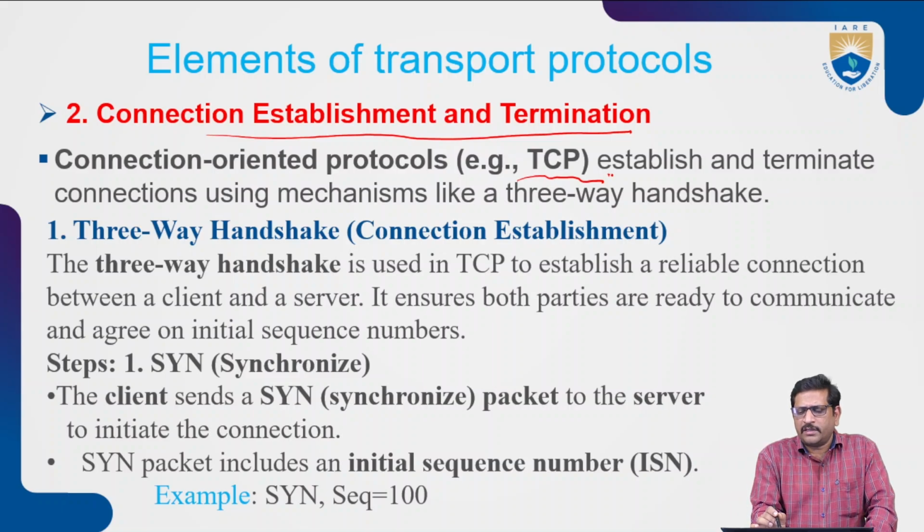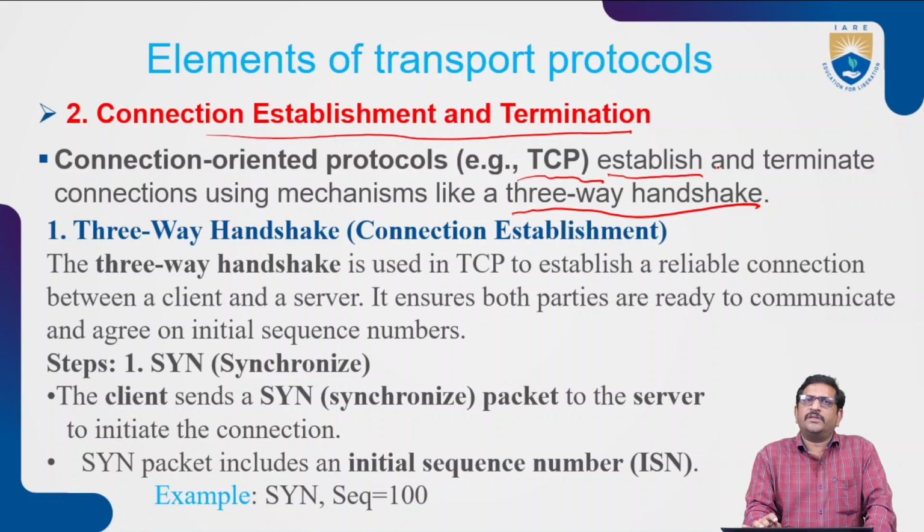Only after establishing the connection is data transmitted from the source machine to the destination machine. Termination means closing connections using mechanisms like the three-way handshake. Once the data exchange is over, the connection is terminated using this technique.